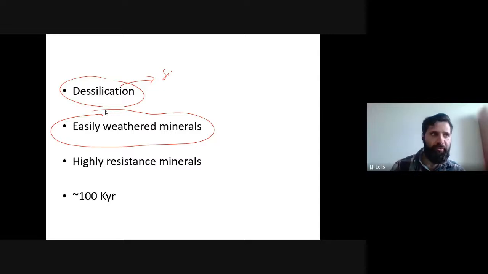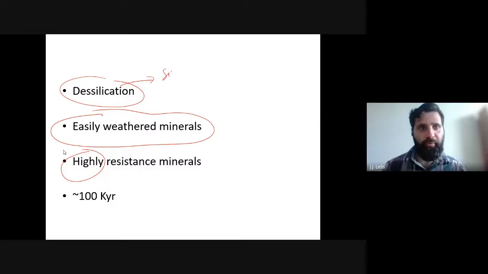If you weather a soil that has a lower content of these primary minerals, the process is slower, okay? And of course, if you present highly resistant minerals like quartz, zircon, and other minerals, they will influence the rate of release of silicon because they are highly resistant minerals. They are very stable minerals, okay?